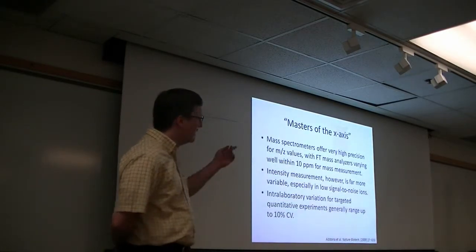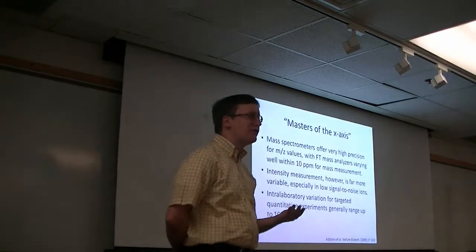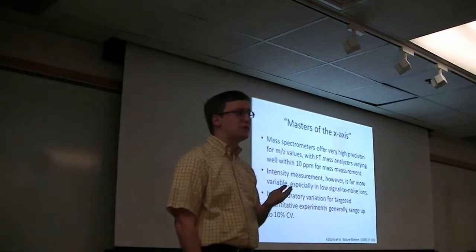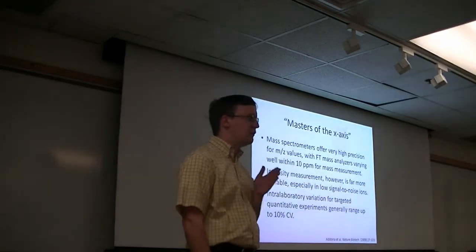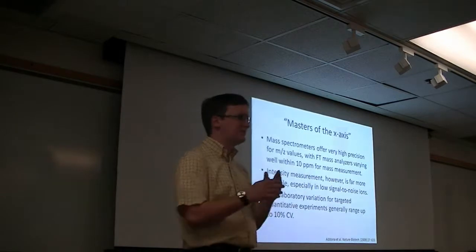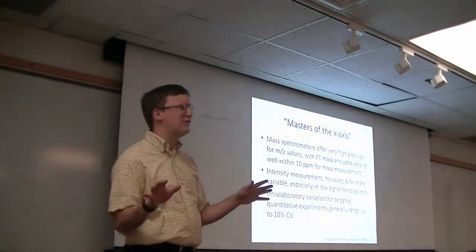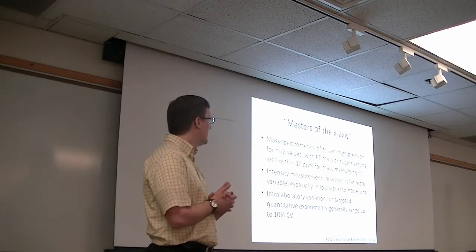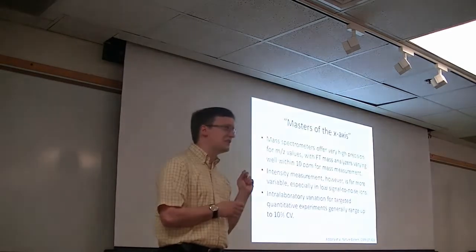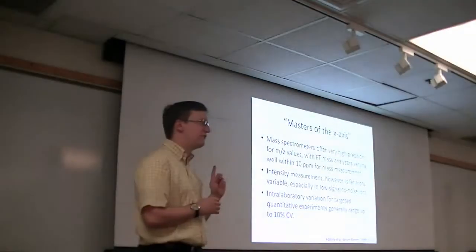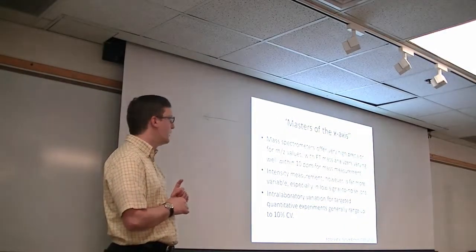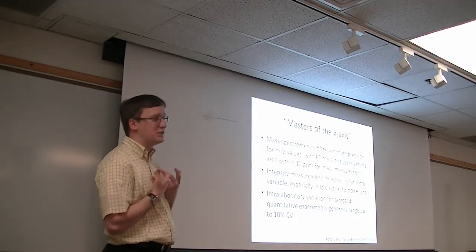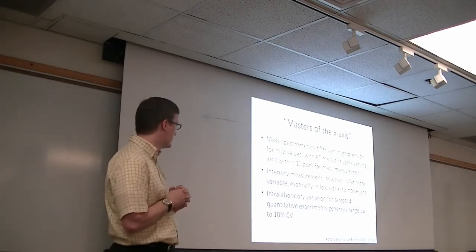So when we work with a Fourier transform mass spectrometer, we generally expect our masses to be accurate within 10 ppm. I mean, that's like more than 2 standard deviations away from what we expected those instruments to produce. When we deal with intensity measurement, we're almost always dealing with a far greater degree of variability. And that is something that we have to take into account when we're dealing with difference testing.